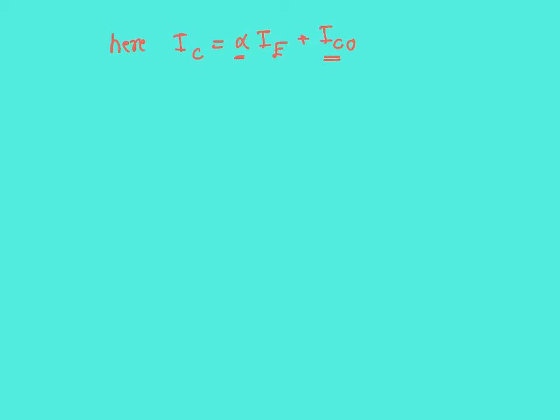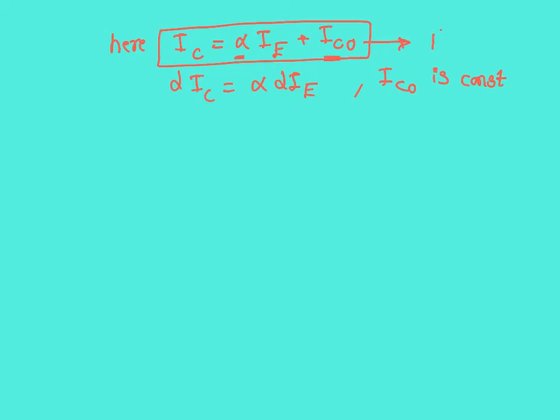Applying partial differentiation on both sides, IC and IE are the only variables and IC naught is the constant. That is why we are left with dou IC equals alpha into dou IE. Consider this as equation 1.